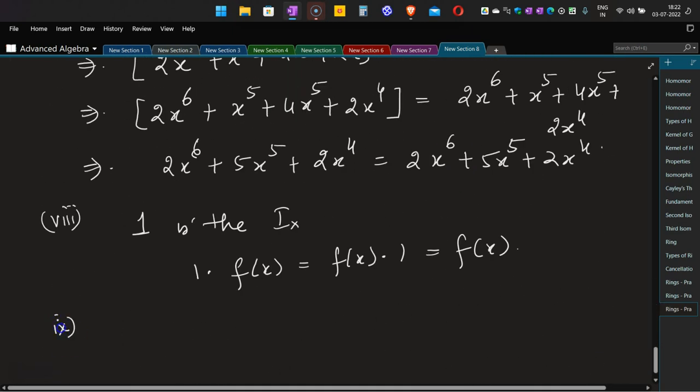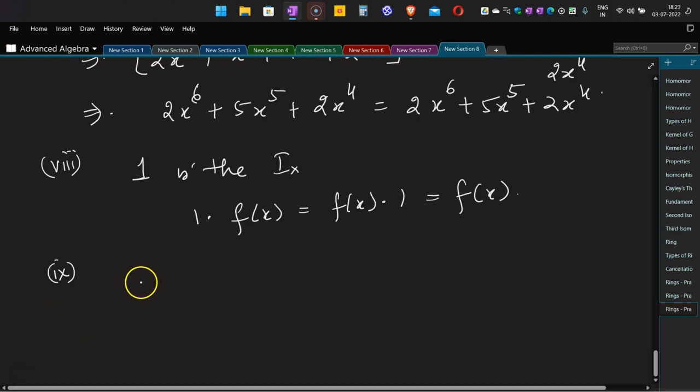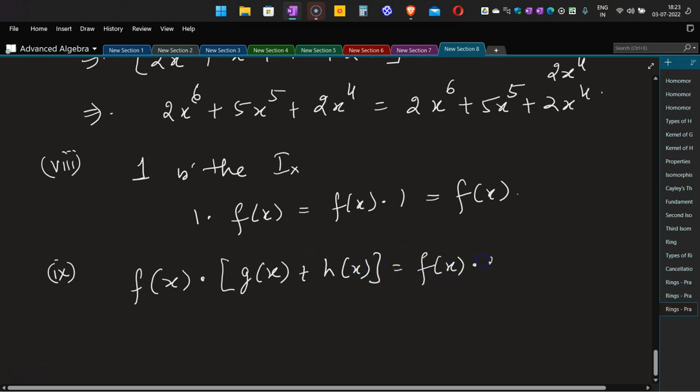So ninth one. So let's take that. We have, let me actually write it, f of x times g of x plus h of x is equal to f of x times g of x plus f of x times h of x.